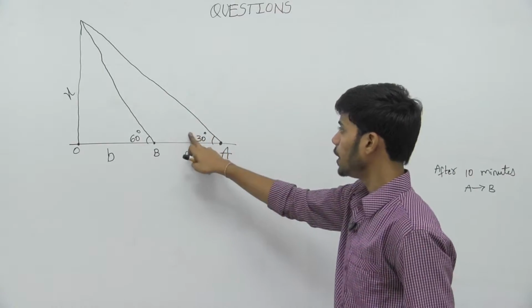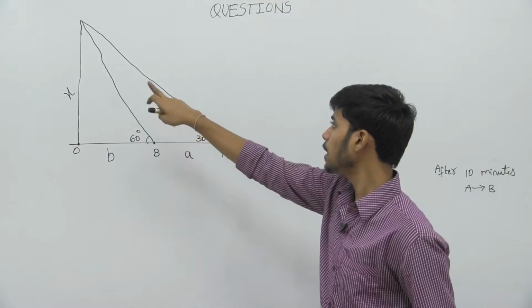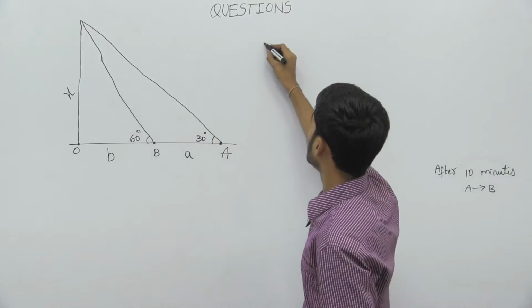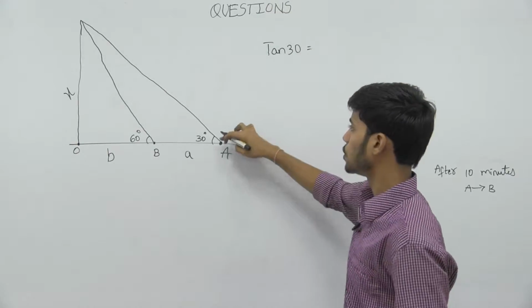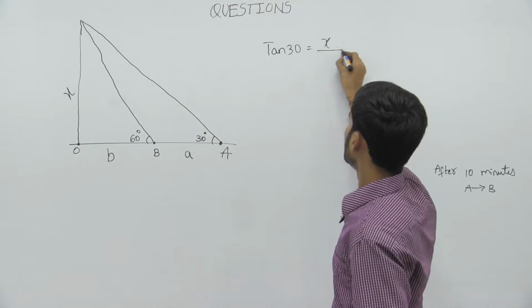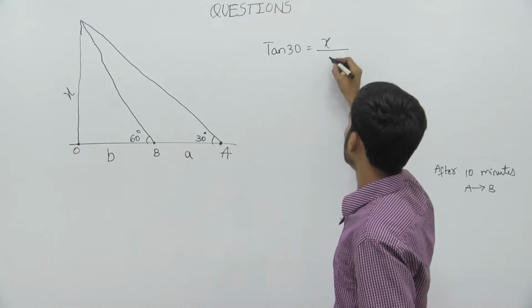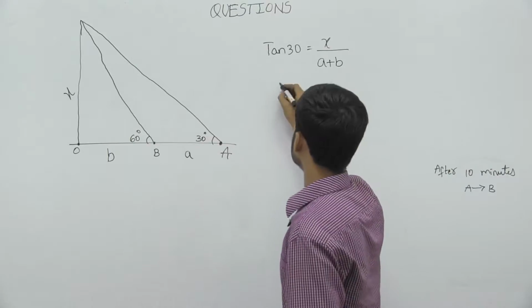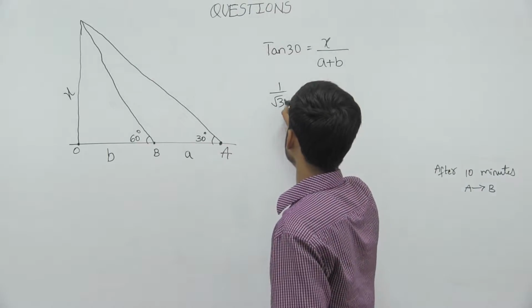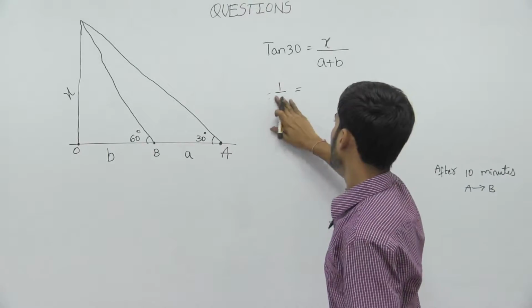Now we know the initial angle of elevation is 30, so let's calculate tan 30. Tan 30 is equal to x by a plus b. Now tan 30 is equal to 1 by root 3.